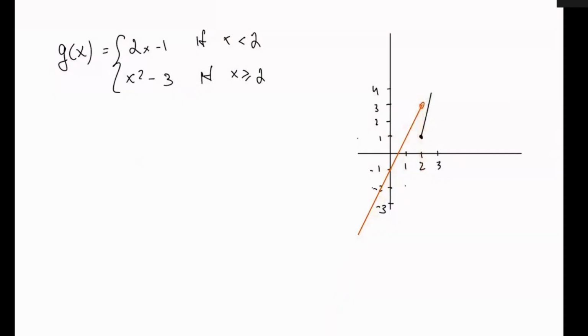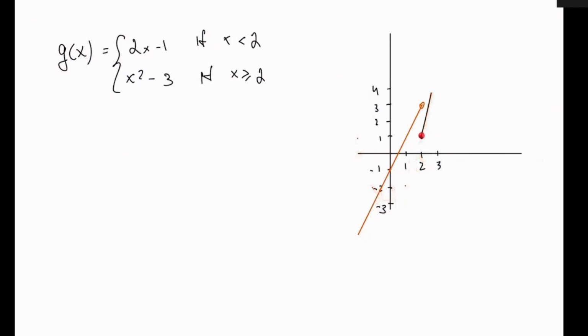And then starting from 2, we break this line. We don't continue it forever. We break this line and start a new function, which is a parabola that is shifted 3 units down. So we have something like this, but we're not interested in this piece because the parabola kicks in from x equals 2 and on.